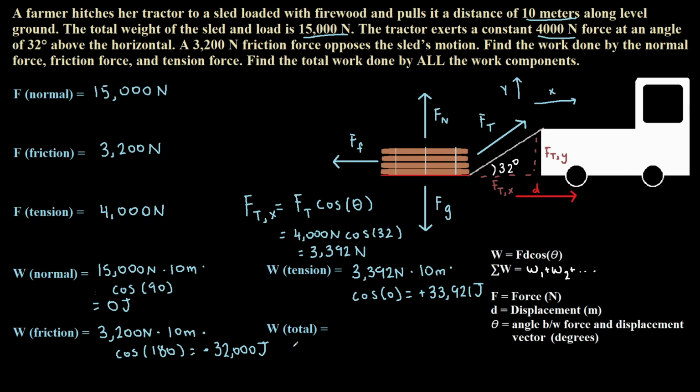Finally, the total work done equals 0 joules from the work done by the normal force, plus the work done by the friction force, which is negative 32,000 joules, plus the work done by the tension force, which is positive 33,921 joules.